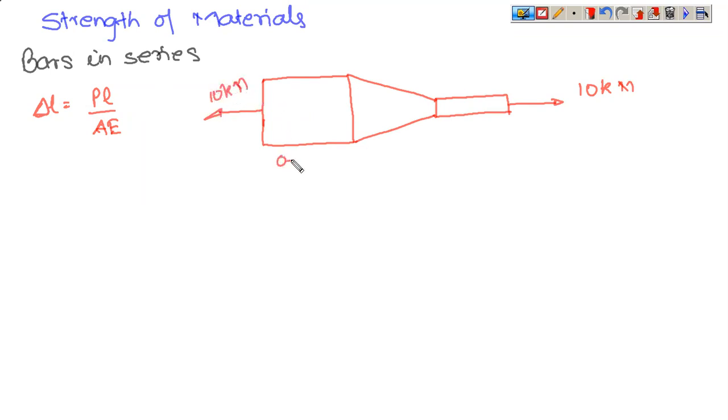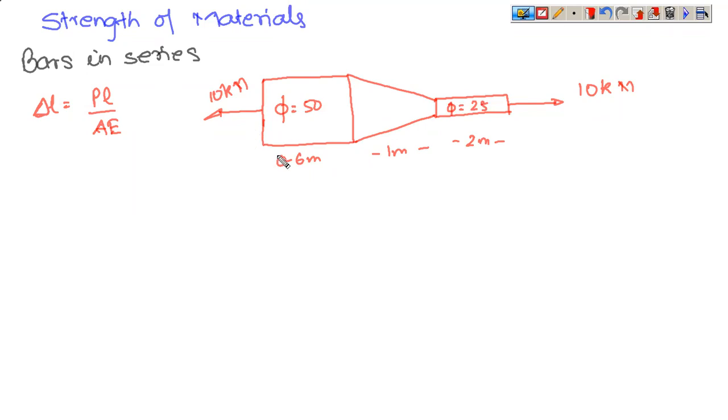Let us say this length is 0.6 meters, this is 1 meter, and this is again 2 meters. If I say phi is 50 and here phi is 25.